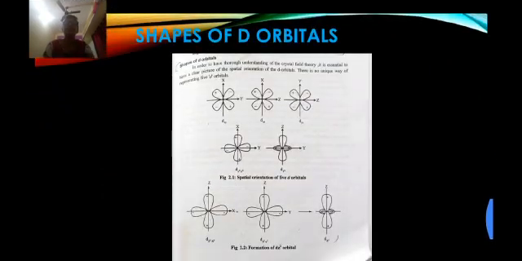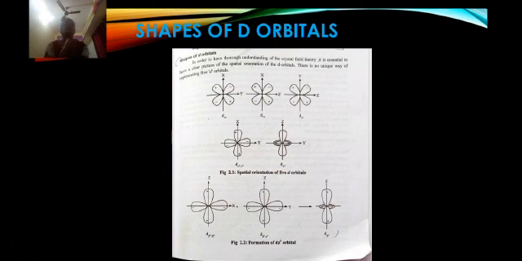Shape of d orbitals. Let's discuss the d orbital shapes. How many orbitals are there in the d subshell? dxy, dyz, dzx, dx square minus y square, dz square, these 5 orbitals.